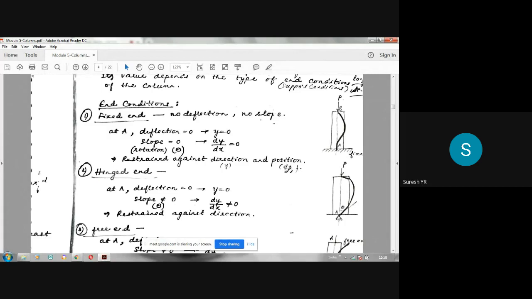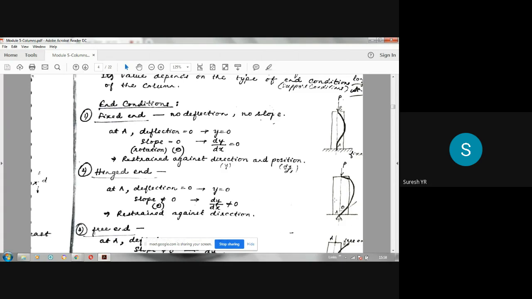Next, second is the hinged end. We know that at the hinged end, deflection will be zero, but rotation will be there. So theta is not equal to zero, or dy by dx is not equal to zero. Suppose A is a hinged end or a pinned end. Pin and hinge are the same. Theta is not zero, but y will be zero.